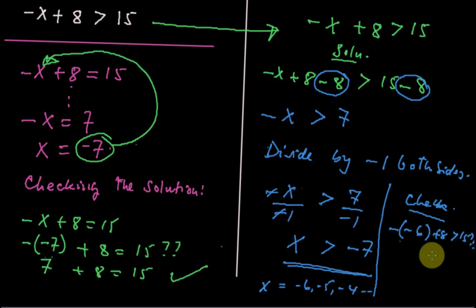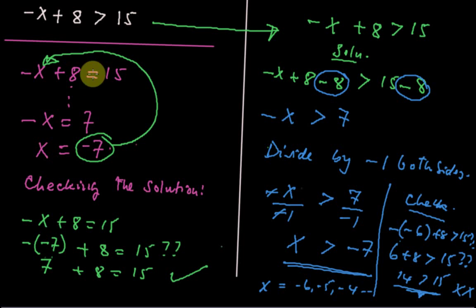We find that 6 plus 8 is 14, and is 14 greater than 15? It is not. 14 is not greater than 15. So this is wrong. That's why I told you that if you divide by negative, the sign is going to change.